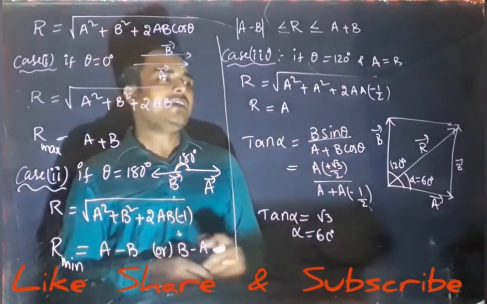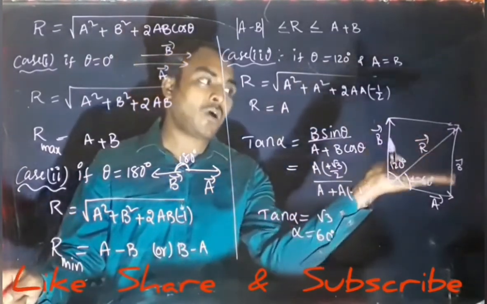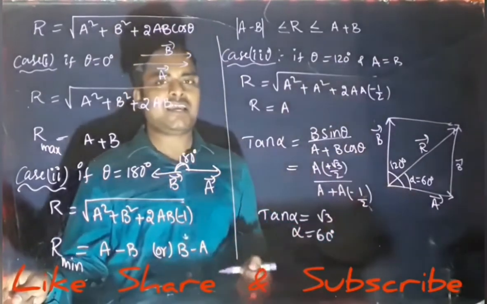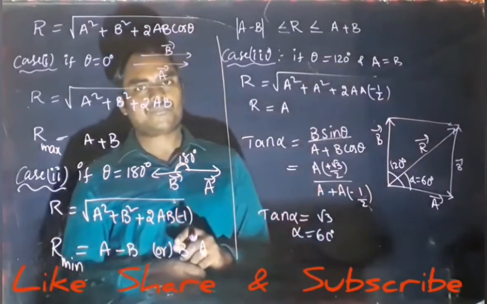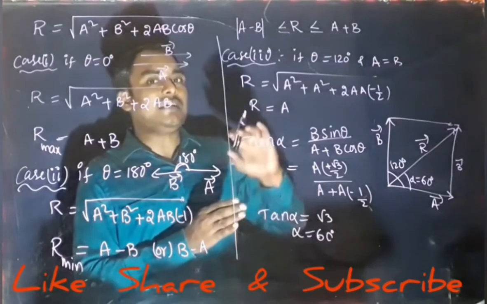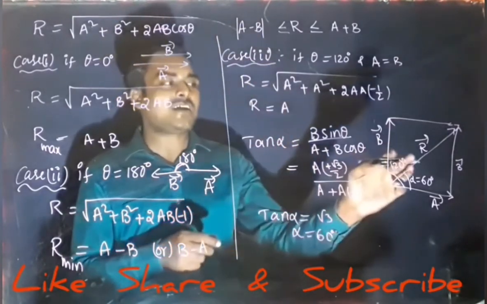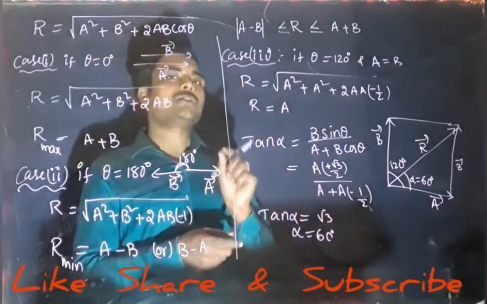You can find that if A is greater than B, then the resultant makes a smaller angle with A, and if B is greater than A, then the resultant will be close to B. That means the resultant makes a small angle with the vector of greater magnitude, and a greater angle with the vector of smaller magnitude.